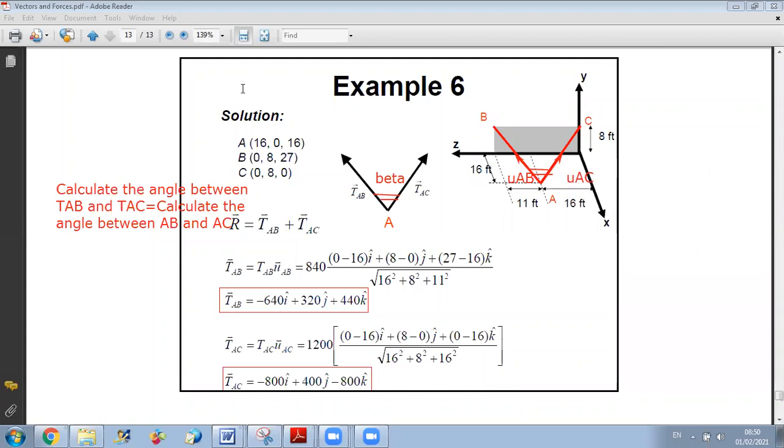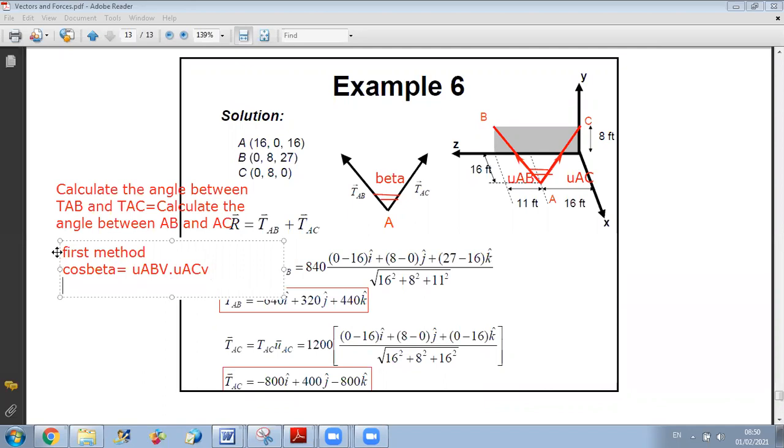So first method: cosine of beta is equal to the unit vector of AB dot the unit vector of AC. In this case I don't have to divide by the magnitude because it's 1. So this is why it's easier to play with unit vectors.